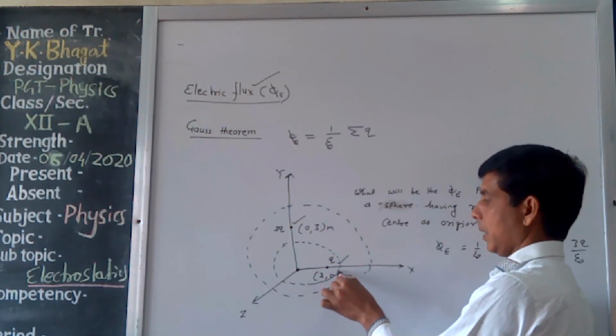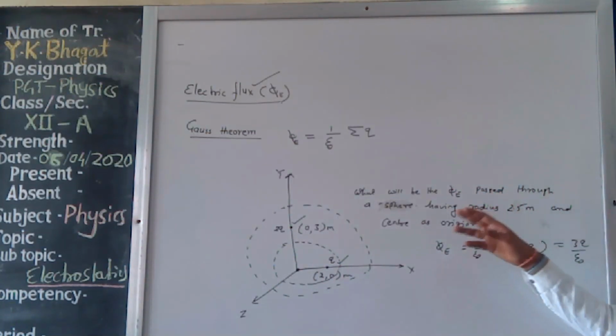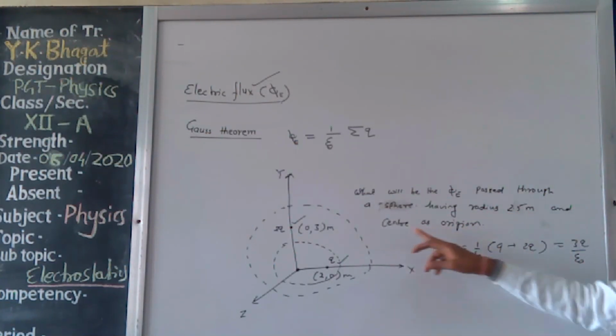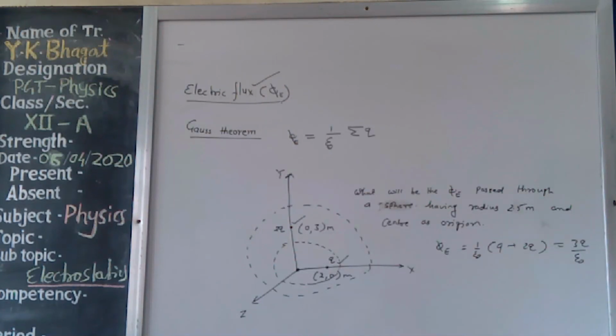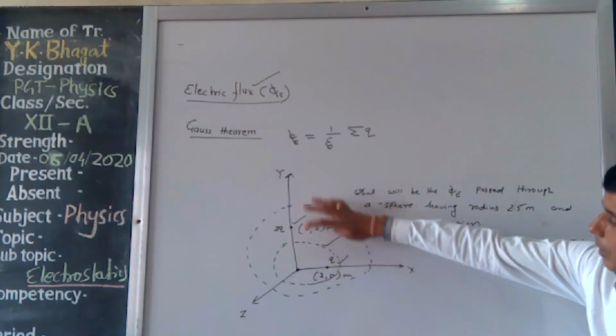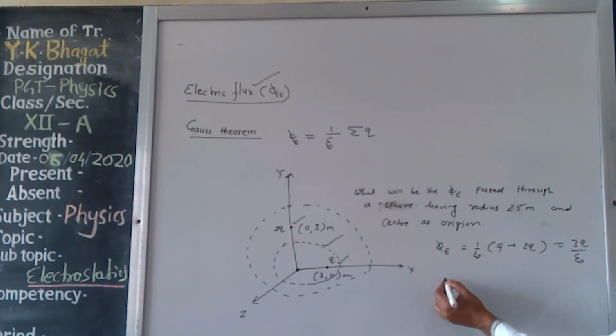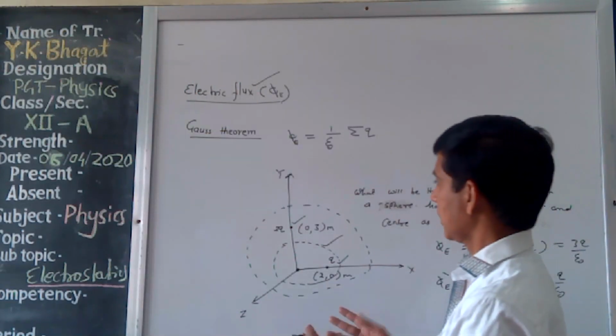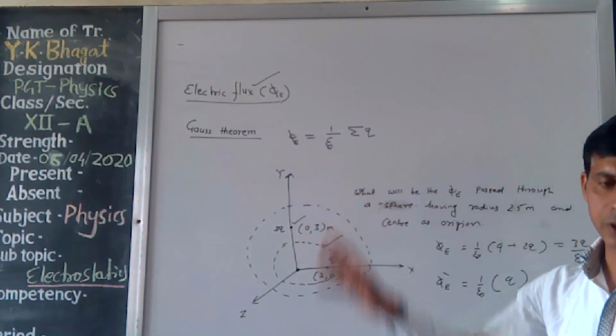That means when we draw the sphere of radius 2.5 with center as origin, this sphere only contains this charge, not this one. That means in the second case, the electric flux will be only q upon epsilon naught. So this is the example about Gauss theorem.